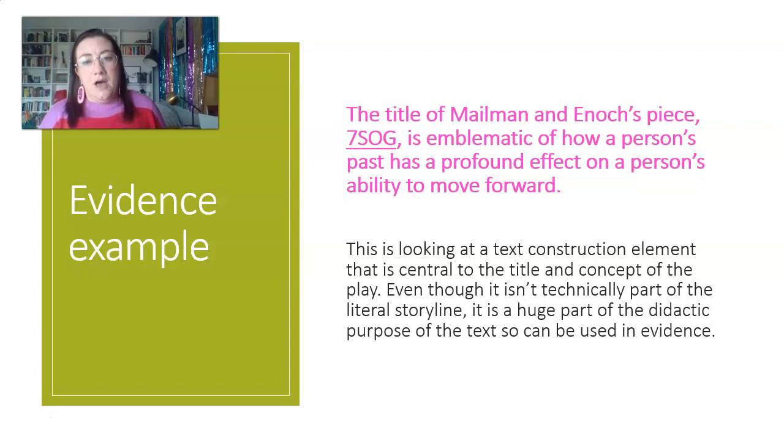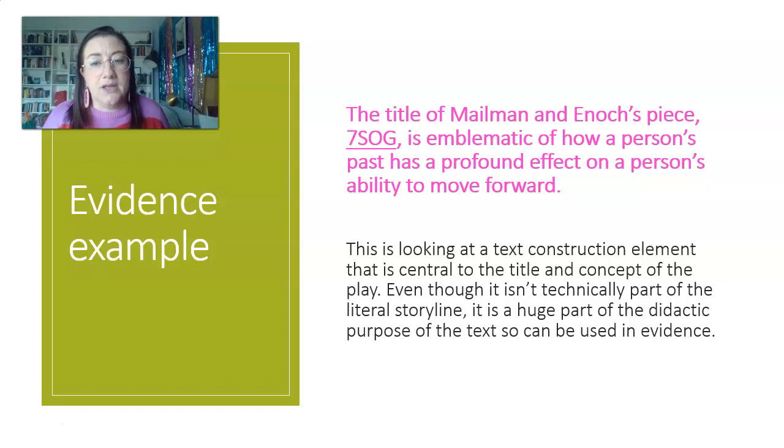So I've started with a little piece of evidence and said the title of Mailman and Enoch's piece, 7 Stages of Grieving. Remember, I can shorten it now because I've said it more than once, but I've still got to underline it. So the title of Mailman and Enoch's piece, 7 Stages of Grieving, is emblematic of how a person's past has a profound effect on a person's ability to move forward.